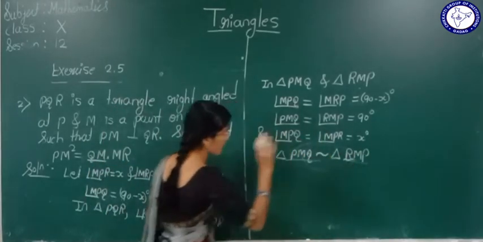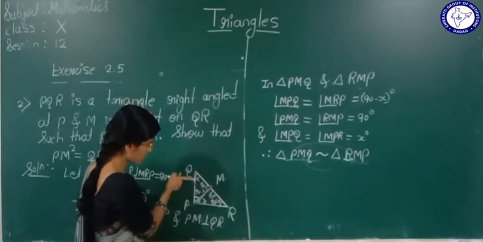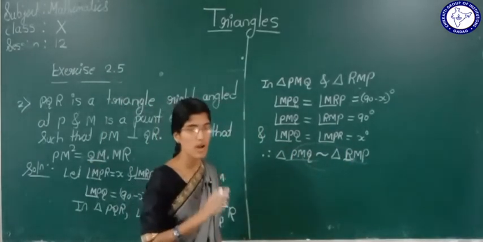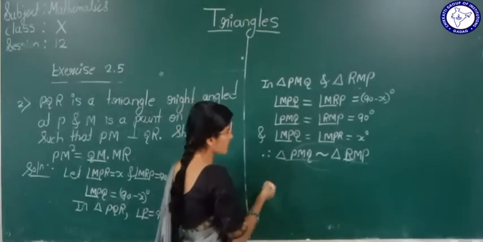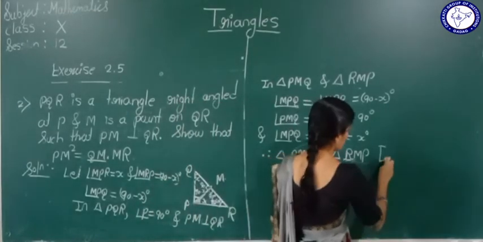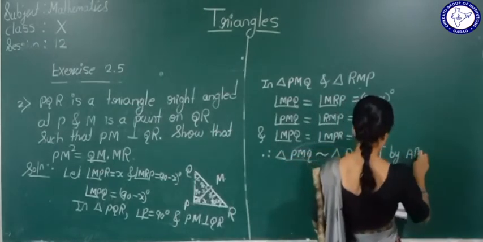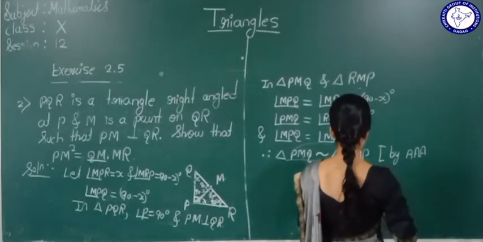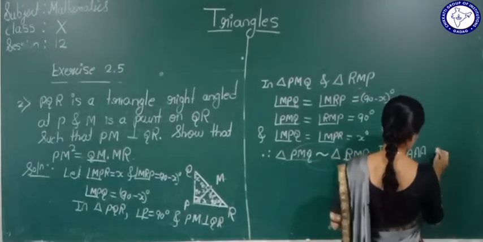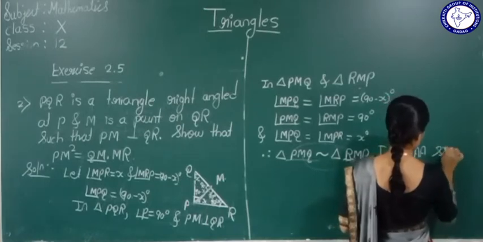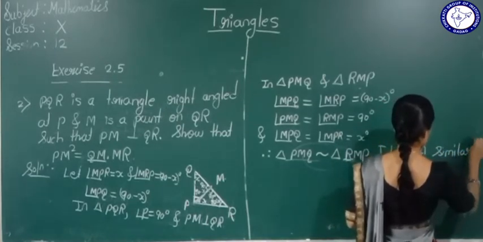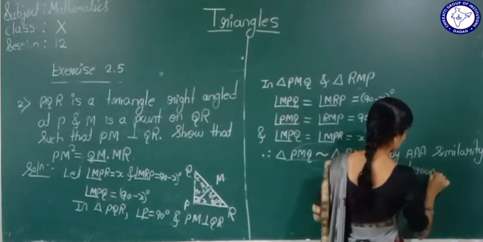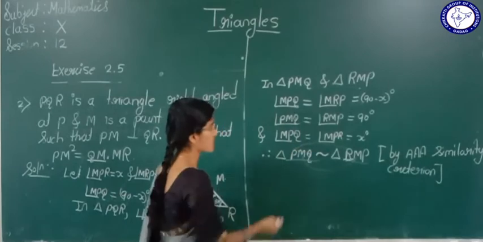Angle Q is X, angle P is X. These two triangles are similar by AA similarity criteria.